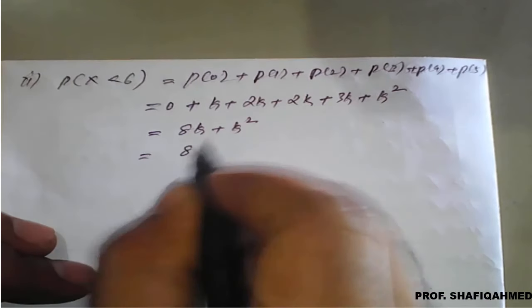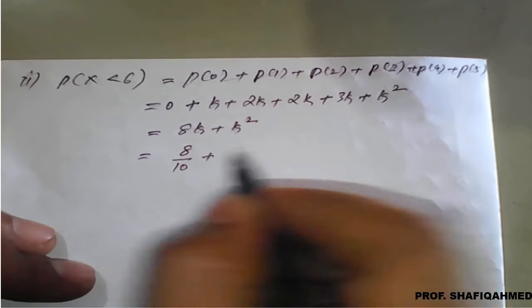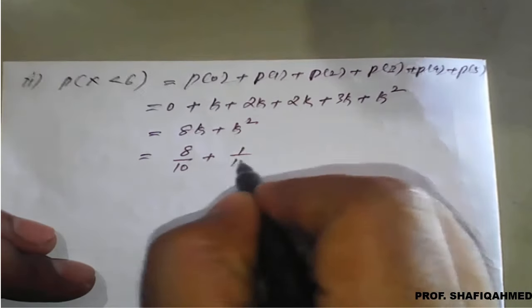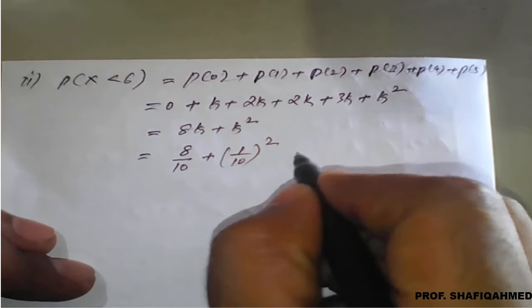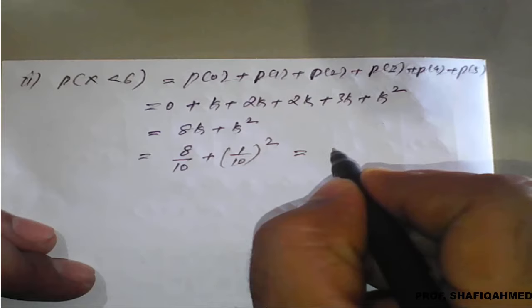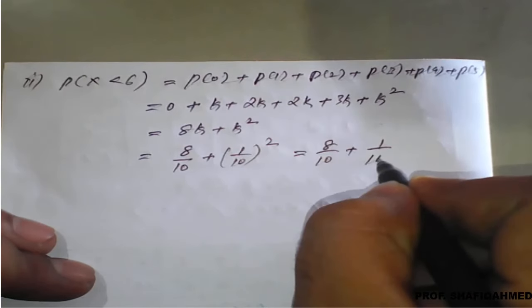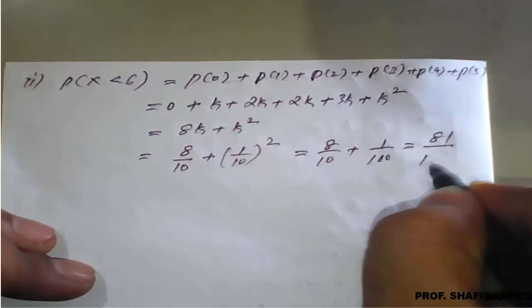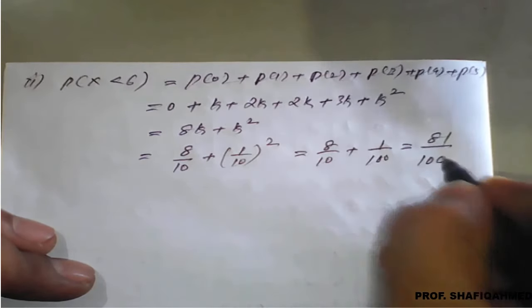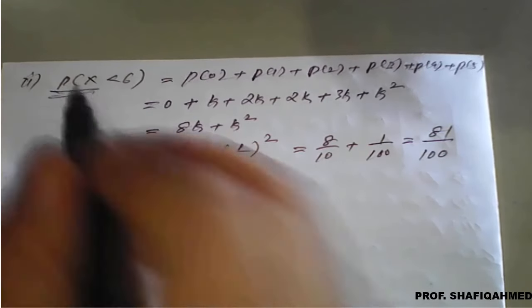The value of k is 1 upon 10. So 8 divided by 10 plus k square, 1 upon 10 whole square. On simplification we'll get 8 by 10 plus 1 upon 100, which is nothing but 81 divided by 100. Now this is the first part.